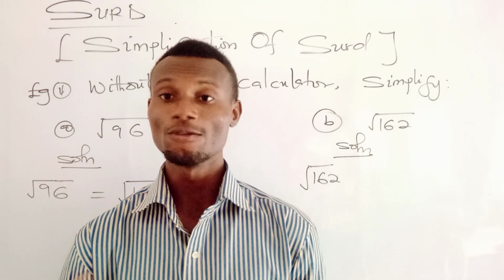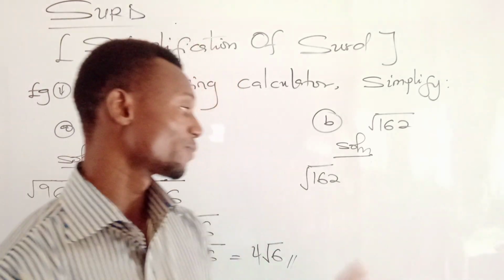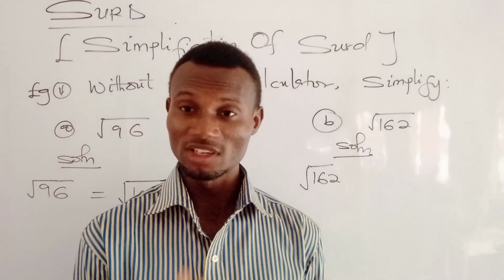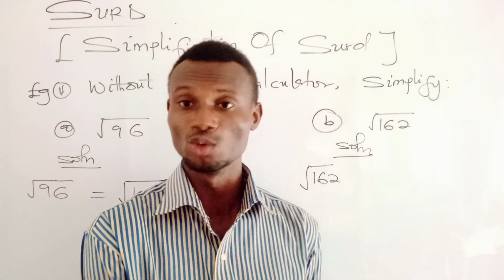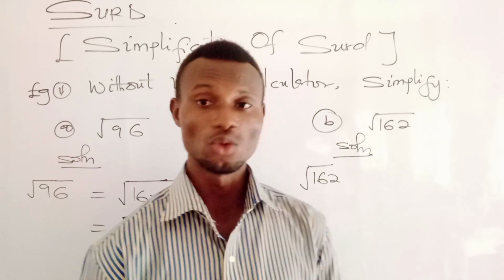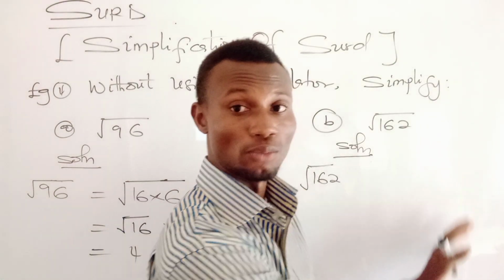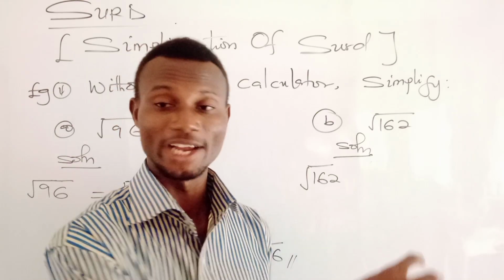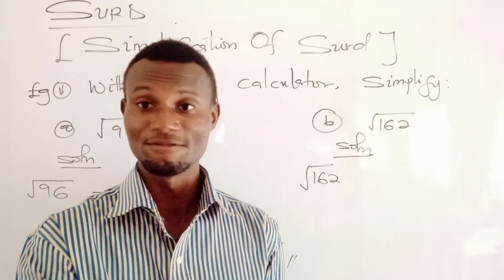Again, you look for 2 numbers that can multiply to give you the 162, but one of those 2 numbers needs to be a perfect square. So you can list all the possible 2 numbers which can multiply to give you the 162, then you select the one which has a perfect square in it.